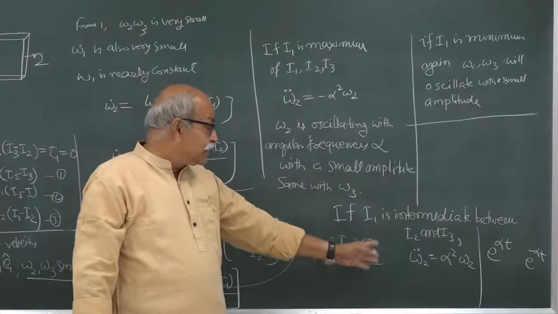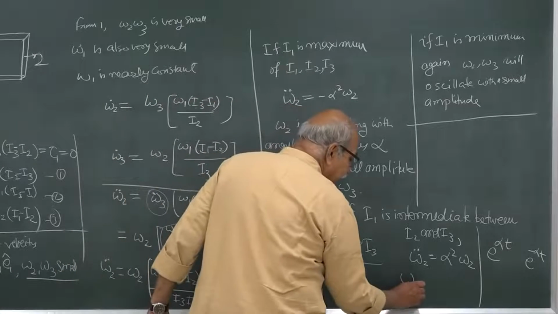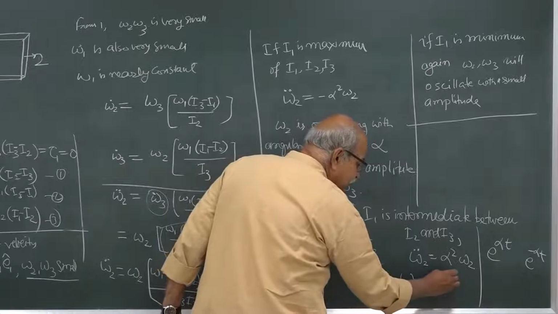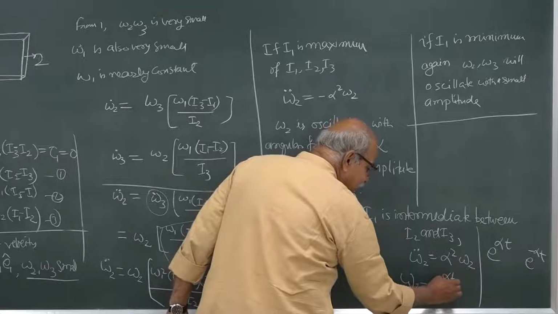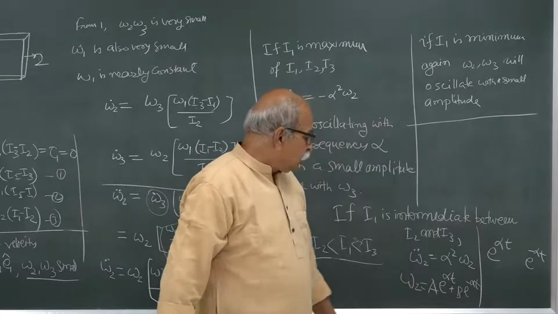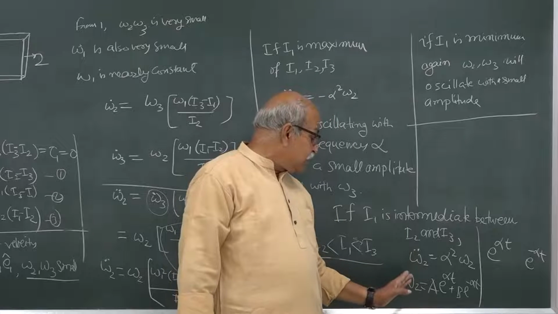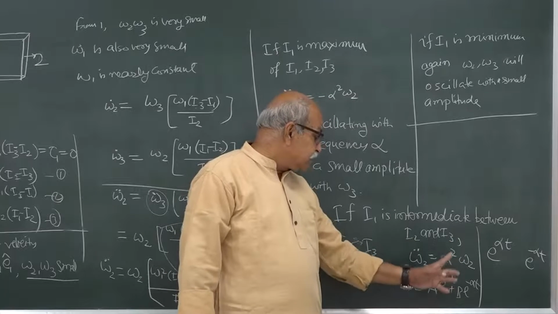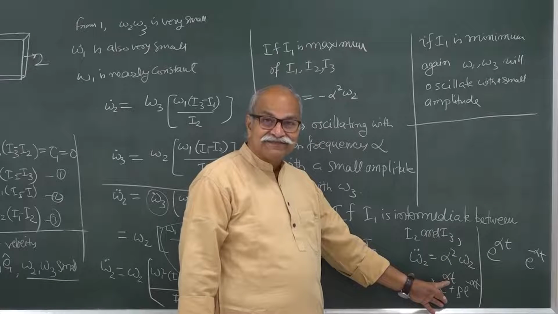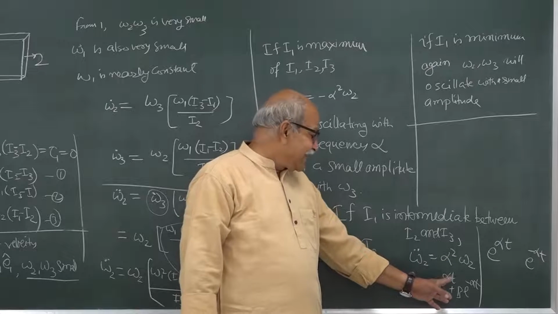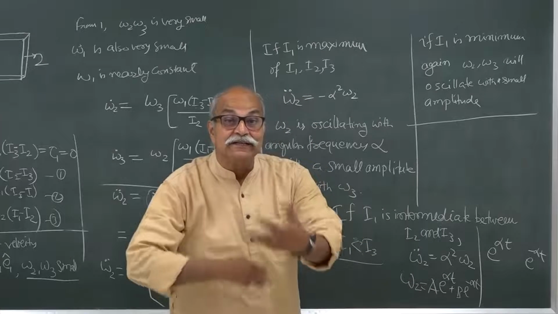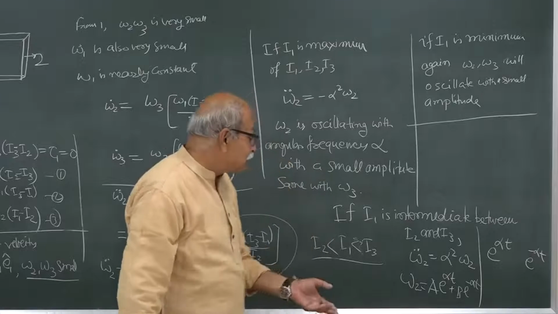Okay. Omega 2 will be some constant, although initially a very small constant, say a e to the power alpha t plus some b e to the power minus alpha t, and ultimately this dominates. So, initially the value is small, but it is continuously increasing as time passes. Okay. And therefore, omega 2, even if initially small, will keep increasing. Same will be the story with omega 3.